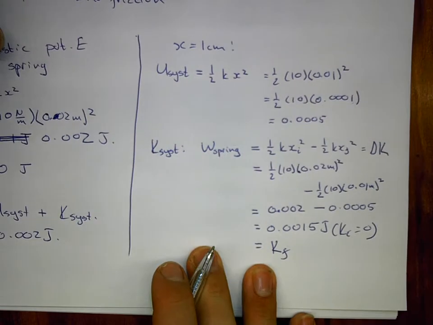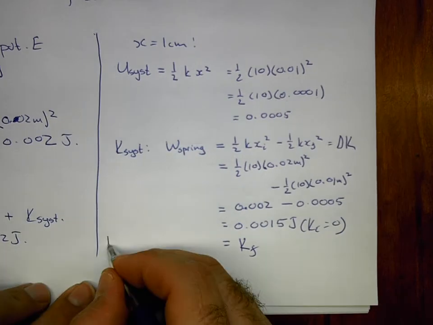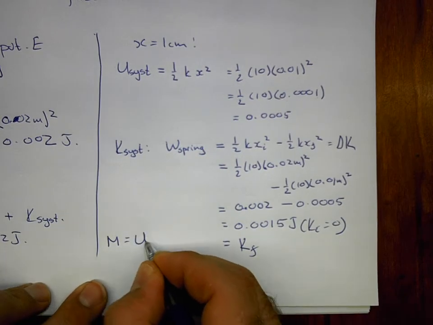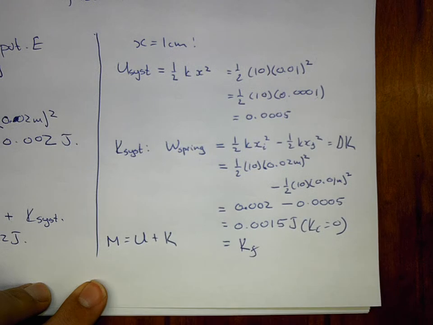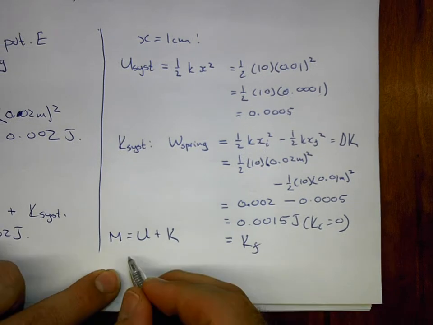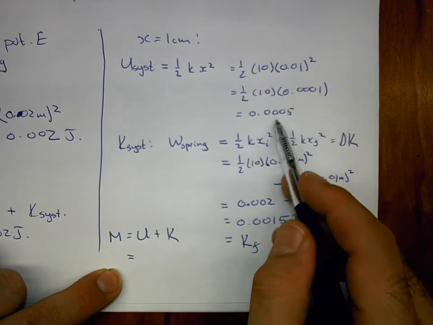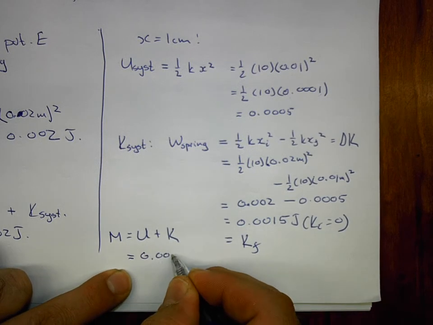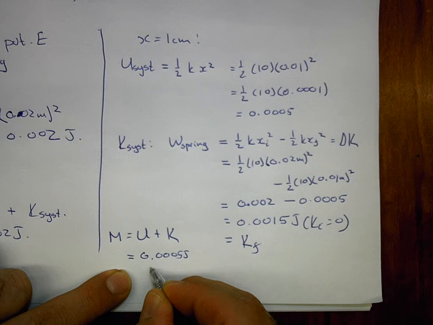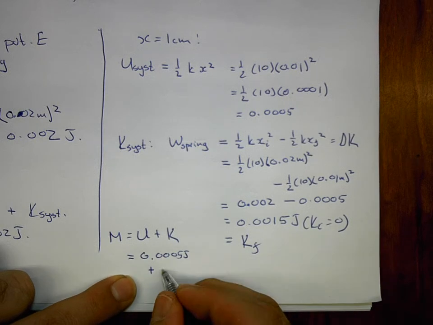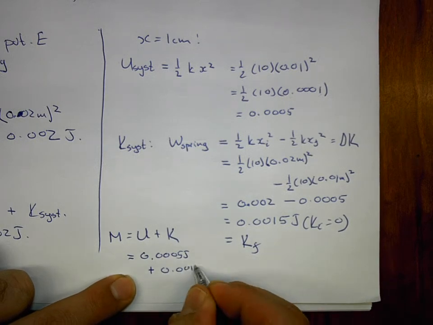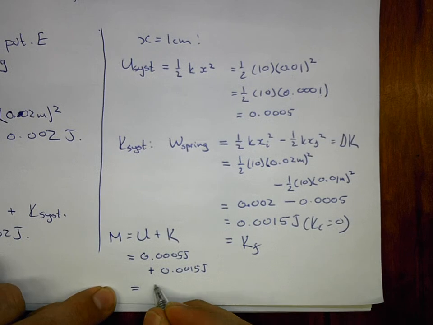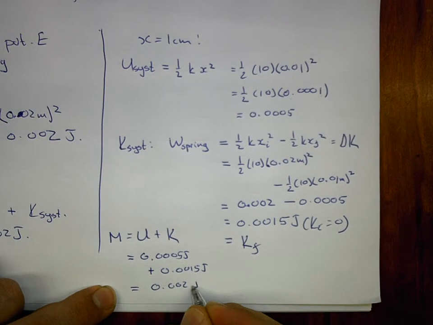Over here, we've got that the mechanical energy is equal to potential energy plus kinetic energy. Here our potential energy is 0.0005 joules plus the kinetic energy is 0.0015 joules, which is again 0.002 joules.